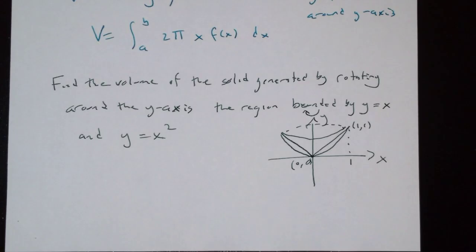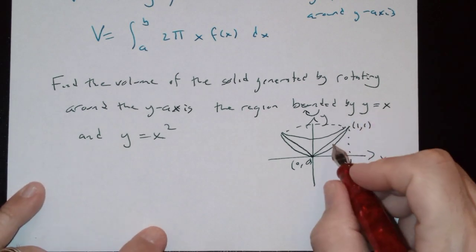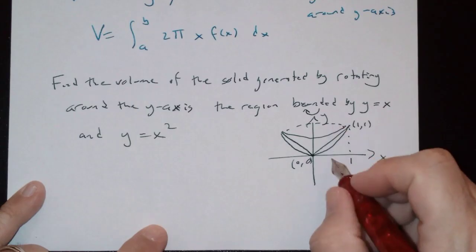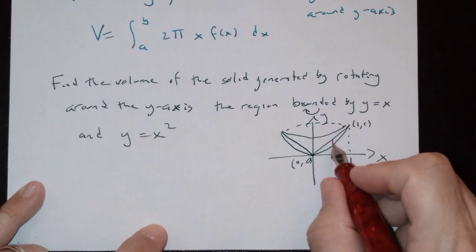I could do this with our cylinders. I could do this with our washers. Because cylinders is a new method, let's try that. The first thing I need to do is draw the stick that I'm going to spin around, right? So I think about a slice, but the slice only goes here.